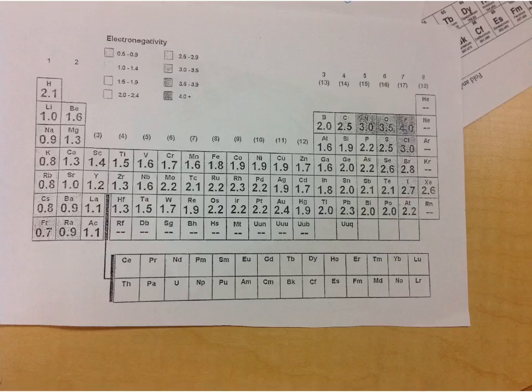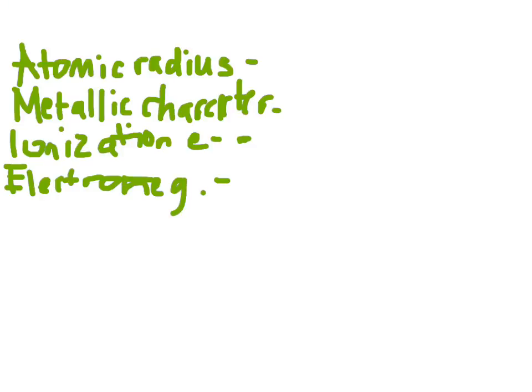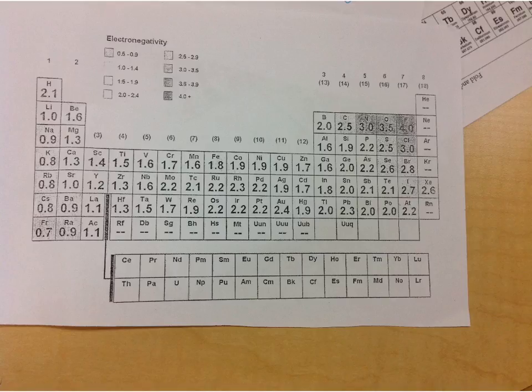So the atomic radius, I'm going to do in red. The atomic radius increases down a group. Alright? And it increases going this way.